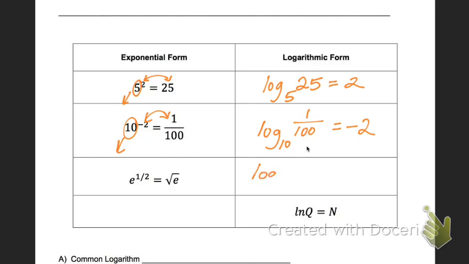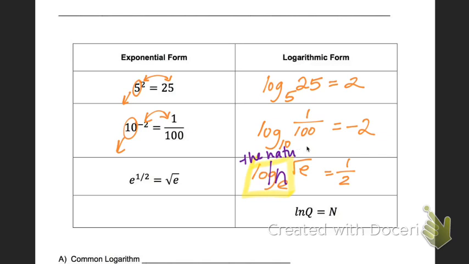We've got log base e of square root of e equals 1 over 2. Now, anytime you see log base e like this, instead of writing log base e, we're going to write ln, and that ln is called the natural log.